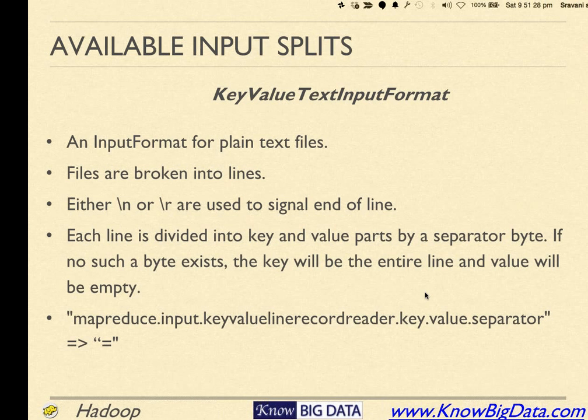The separator by default is the equal sign between the key and the value, but you can change it. If the separator does not exist in the line, that means the full line is the key and the value will be empty.